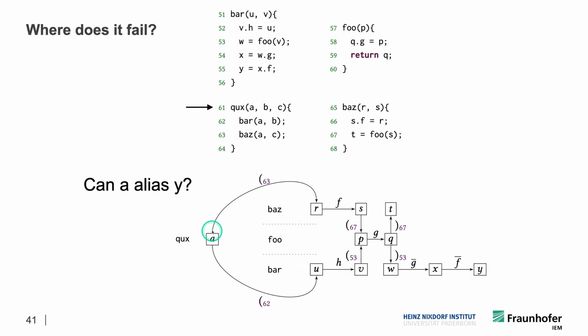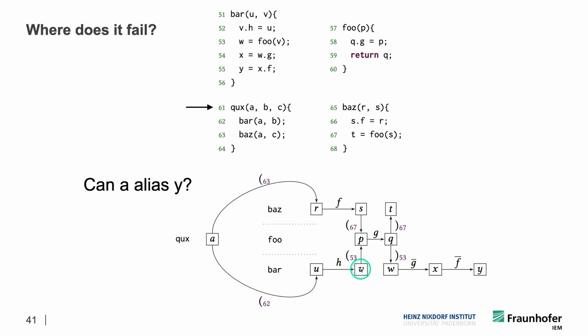So this is basically a push rule in the call PDS. Similar here, we have a push rule for the call at line 62. In the call PDS, this models the call to bar. And here, these are field accesses in bas, these are field accesses in foo, and these are field accesses in bar, okay? And here again, we have a call from bas to foo, and a return from foo to bar to bas.